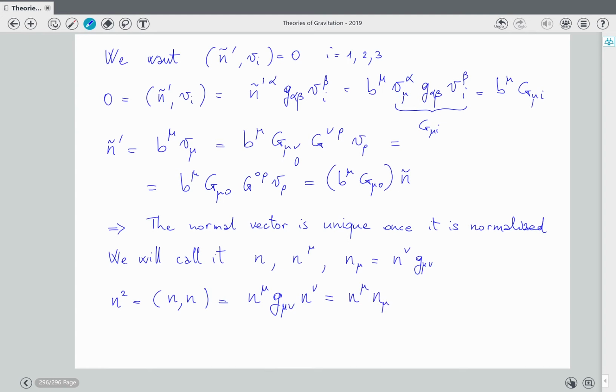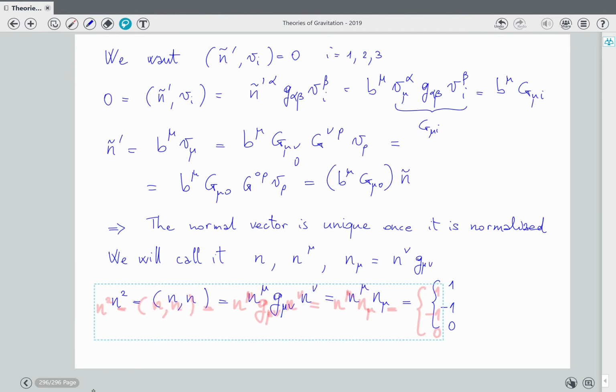Once we normalize it, it could be 1, -1, or 0, because so far we do not know what it is.